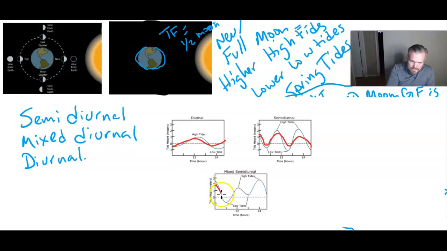If you were in a neap tide situation, it'd be a little bit higher low tide, a little bit lower high tide, a little bit higher low tide, and then a little bit lower high tide. You get the idea. So those are the tidal patterns, and again, those are based on areas of the globe.